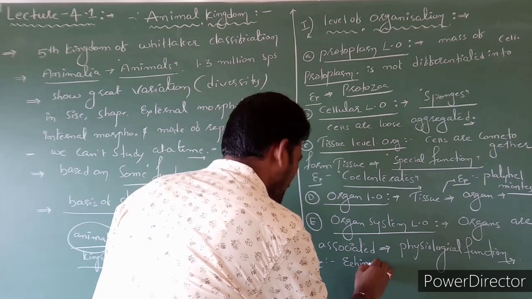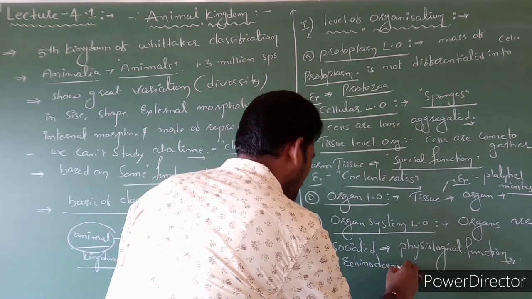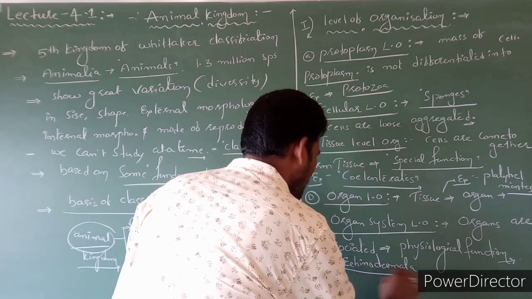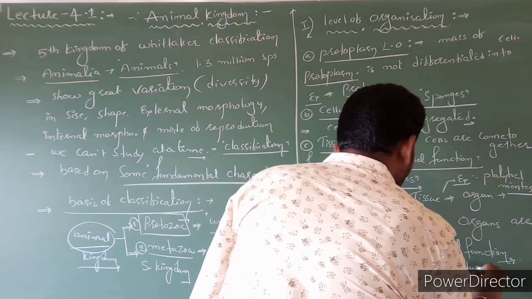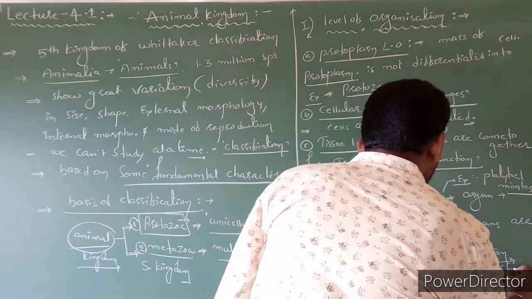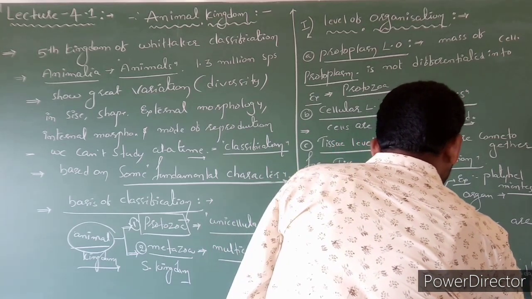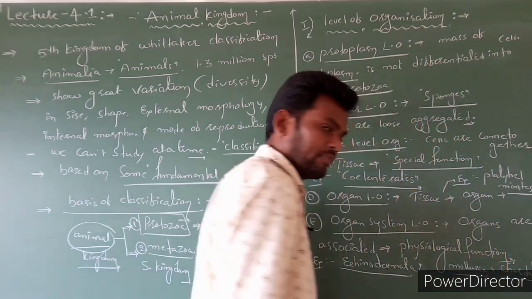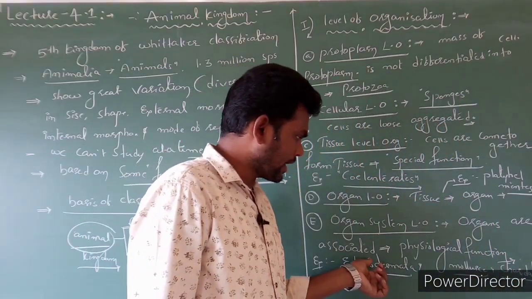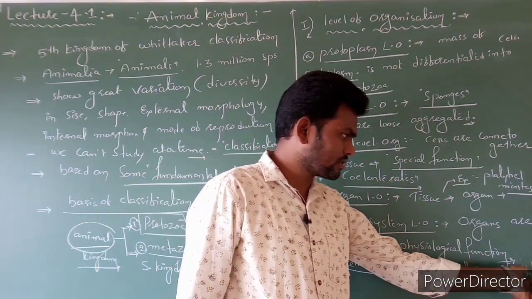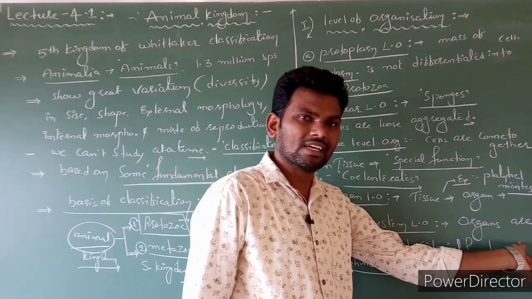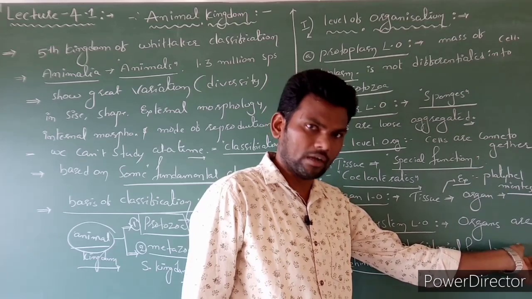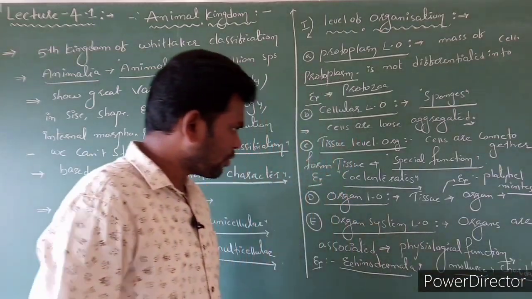Echinodermata, next mollusca, chordates. So this information regarding echinodermata, mollusca as well as chordates we will discuss when we enter into the classification of animal kingdom. Okay. And one more point here.